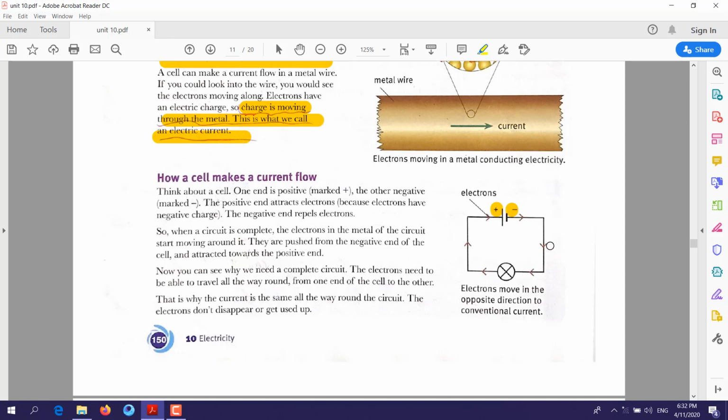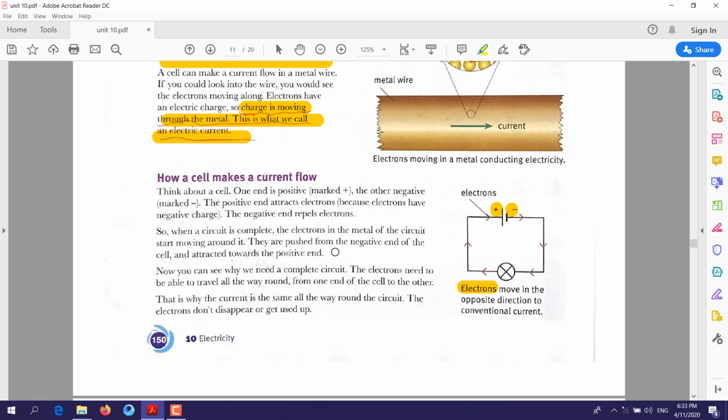So these arrows show the electrons. The electrons are moving from negative to positive because they are attracted by the positive end. So when a circuit is complete, the electrons in the metal of the circuit start moving around it. They are pushed from the negative end of the cell and attracted toward the positive end.